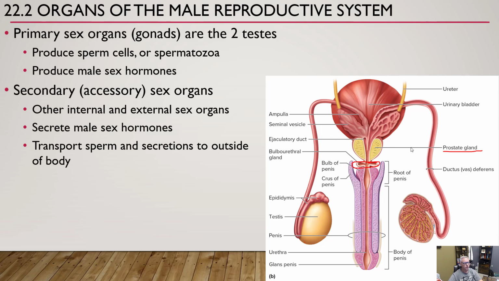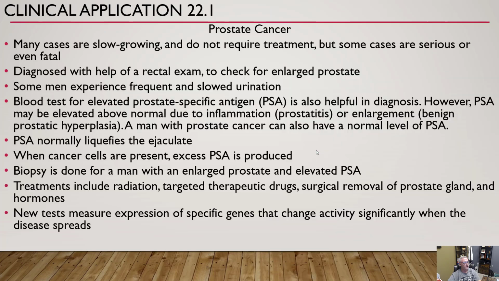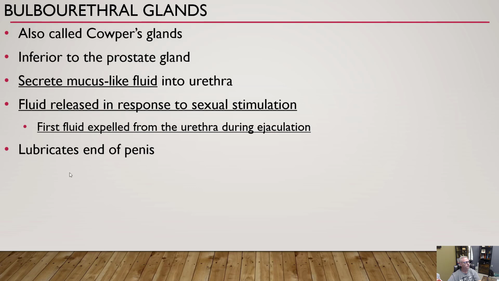They're also going to secrete some more fluid, but this fluid is actually formed in response to sexual stimulation. And it's basically for lubrication, and kind of helps everything get moving for ejaculation.